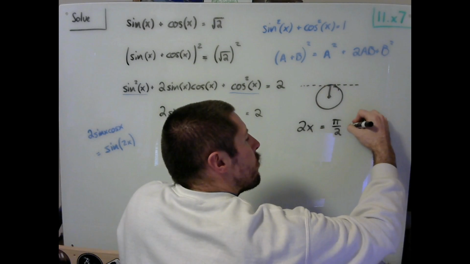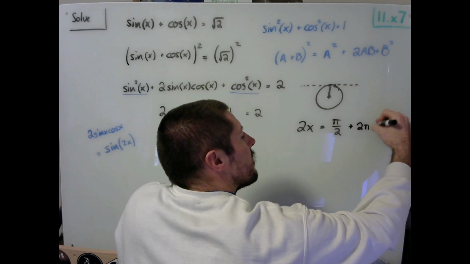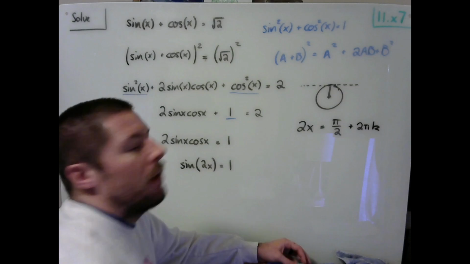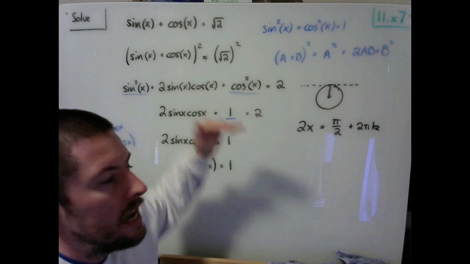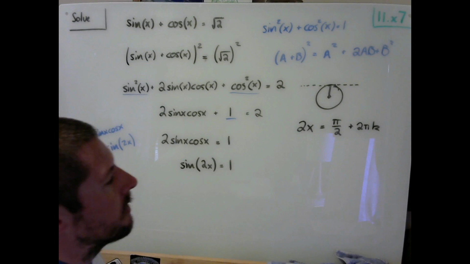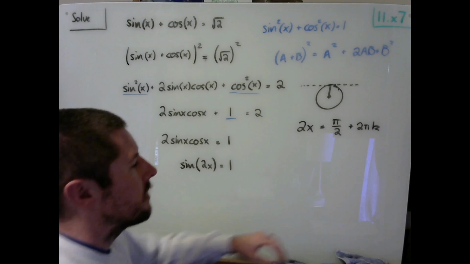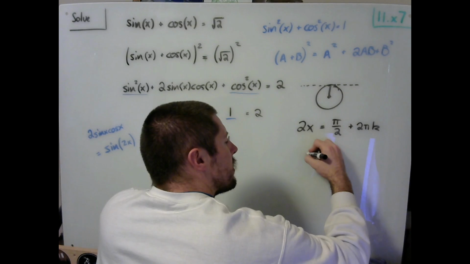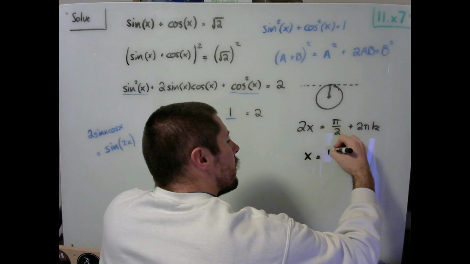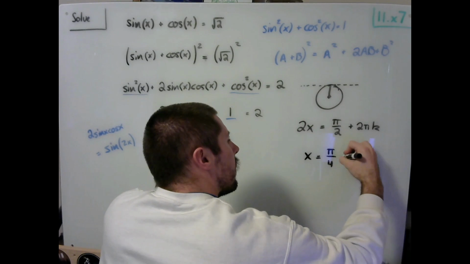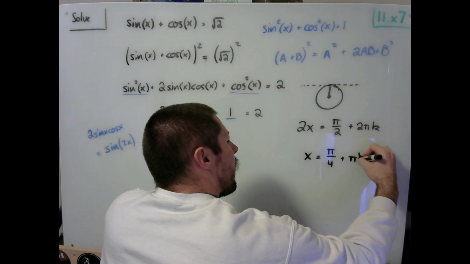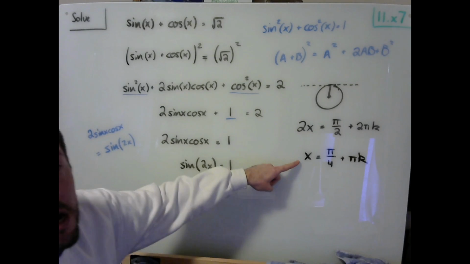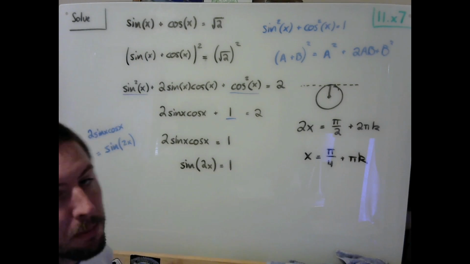Any additional 2 pi that we add on will still leave us coterminal with that same angle, and therefore should also give us that height of 1 that we require to make this statement true. Finally, to solve for x, I'm going to divide both sides by 2. So this seems like it should be our general solution to this problem.